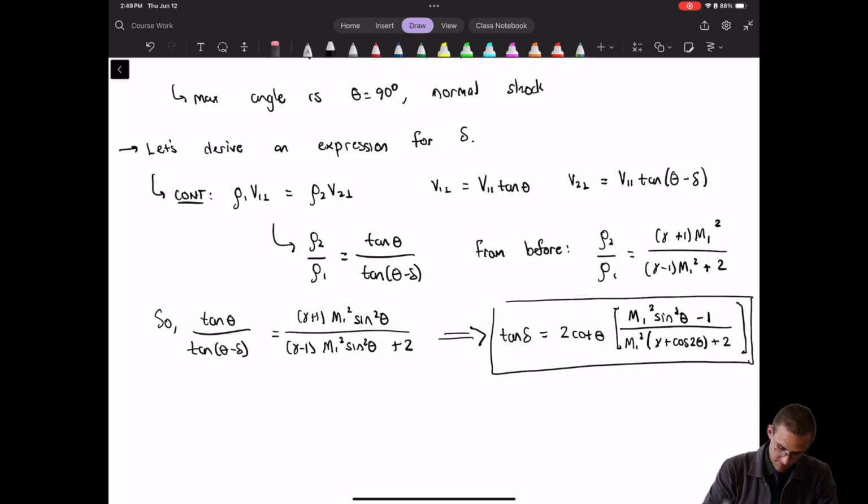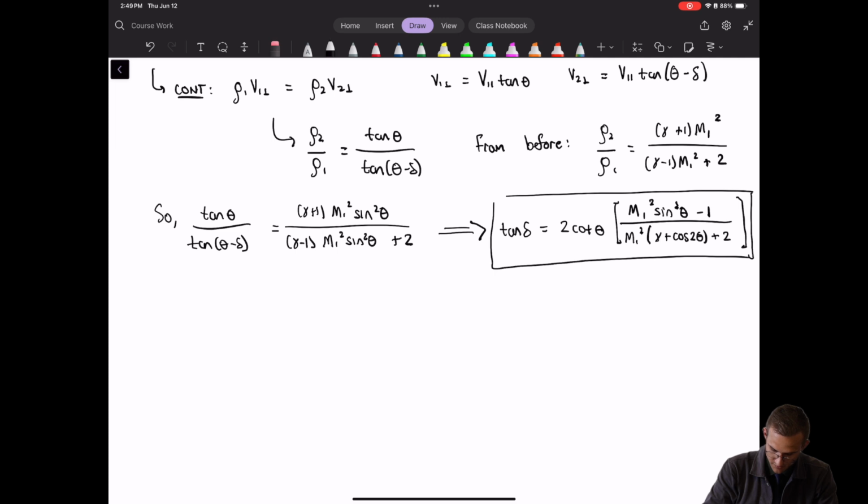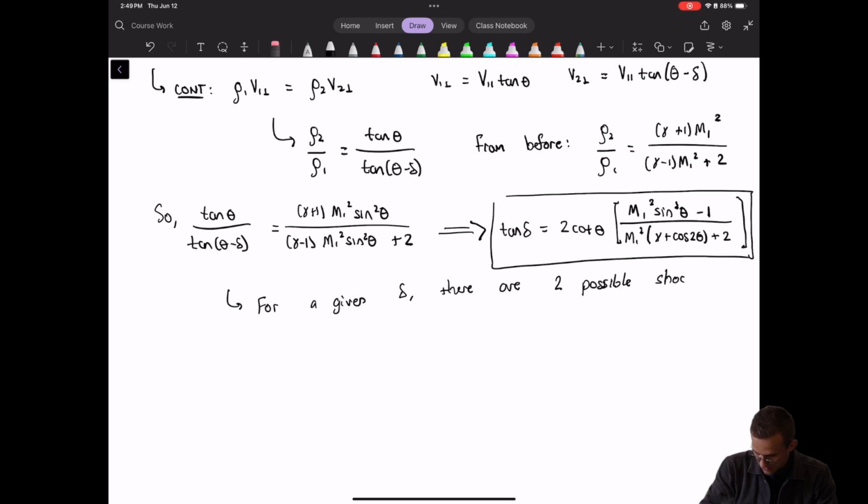All right. So, but for a given delta, there are two possible shock angles. So, there's no explicit expression for the shock angle theta.